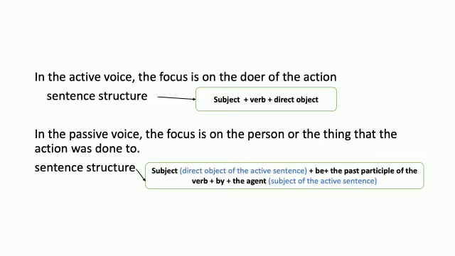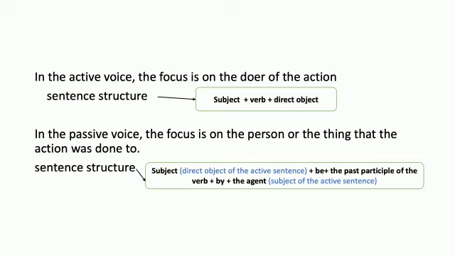then we have to be plus the past participle of the verb, plus by plus the agent. Here, by the agent, you cannot always find it. What is most important is the subject, be, and the past participle of the verb.